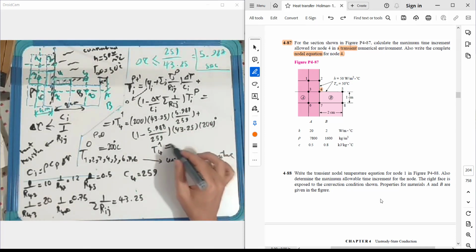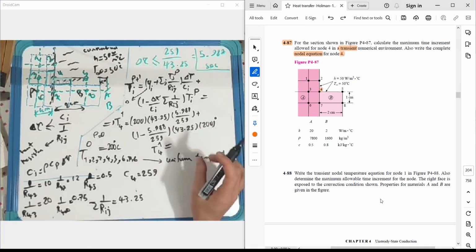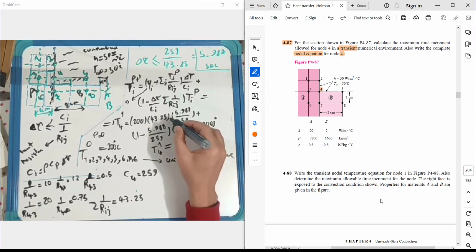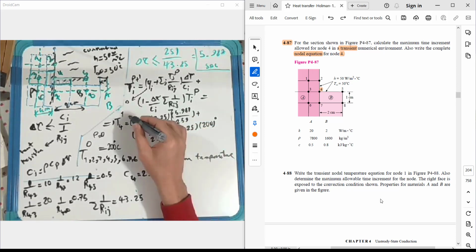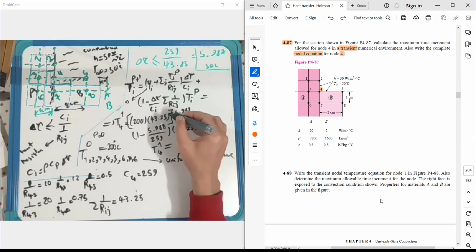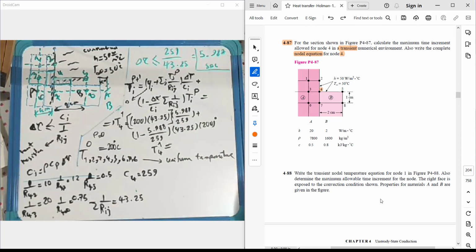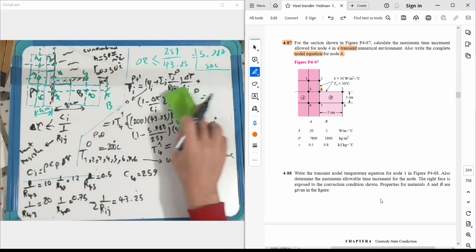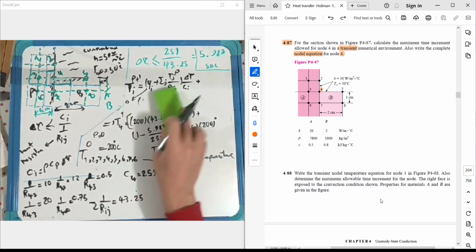Okay, and I forgot to write something here. Exactly here. Let me erase this formula.